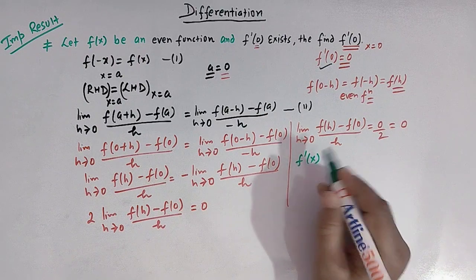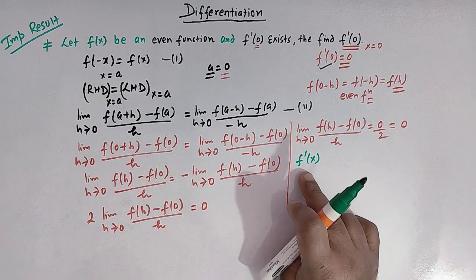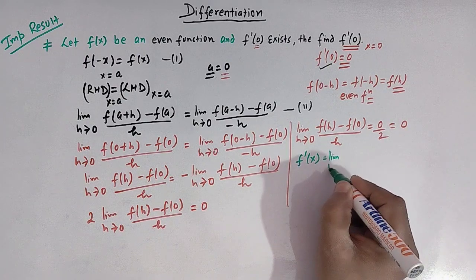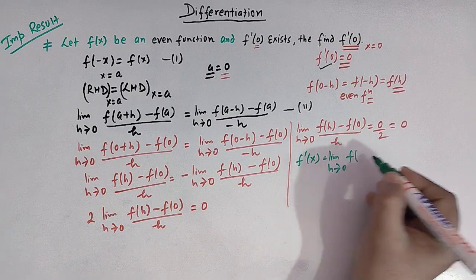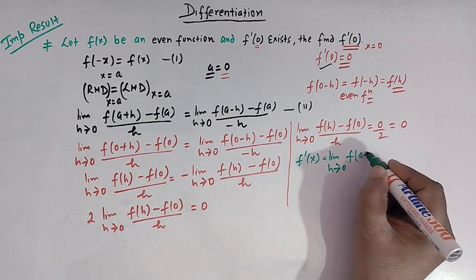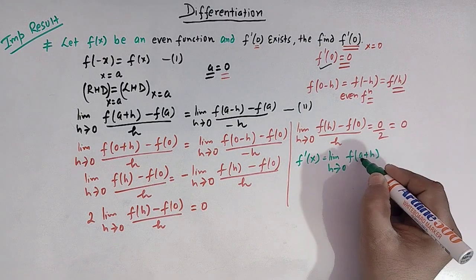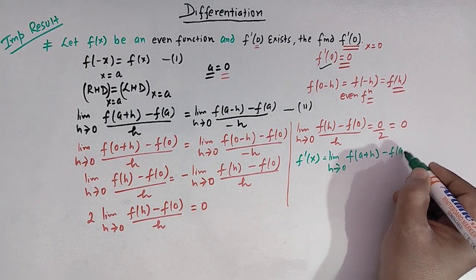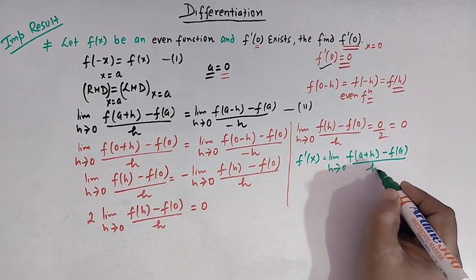Now see, we know that from the first principle, f prime of x can be written as limit h tends to 0, f of x plus h minus f of x divided by h, right?